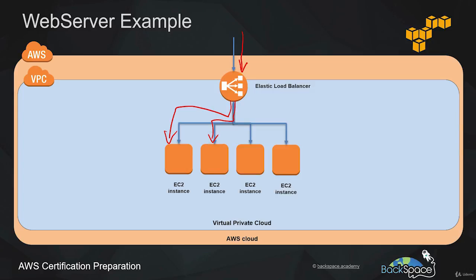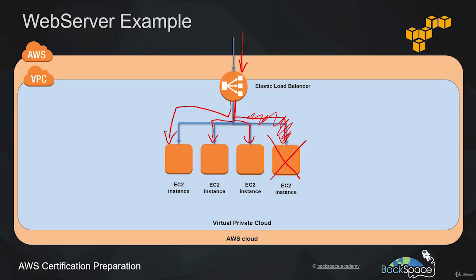And it will balance the load across those EC2 instances. And if one of those EC2 instances becomes unhealthy, it will fail a health check with the elastic load balancer. And then the elastic load balancer will no longer send traffic to that unhealthy EC2 instance.